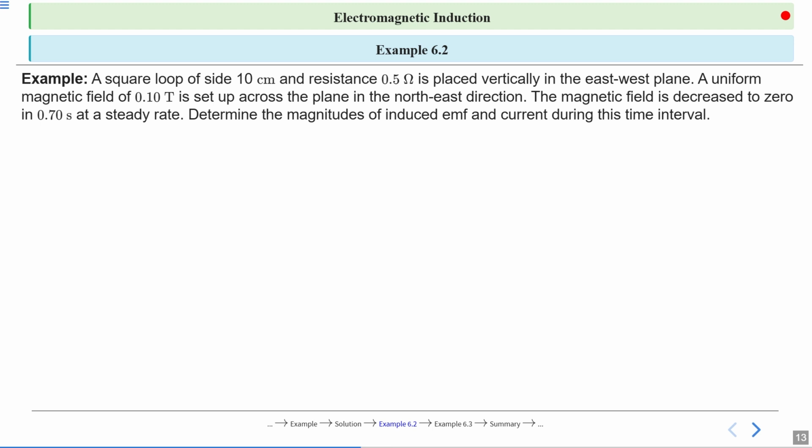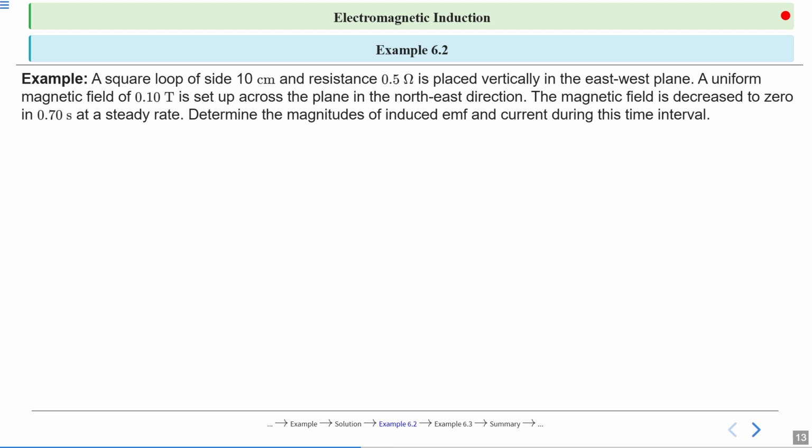A uniform magnetic field of 0.1 Tesla is set up across the plane in the northeast direction. The direction of the magnetic field is northeast, and its magnitude is 0.1 Tesla.